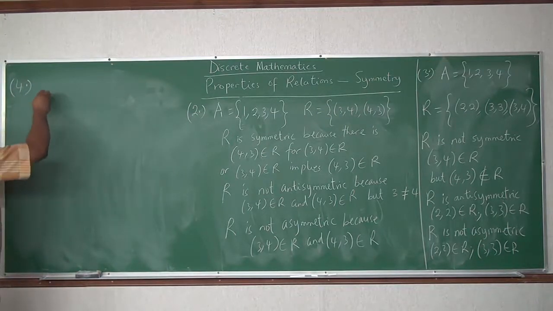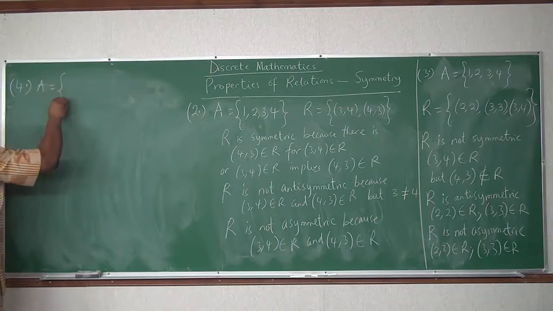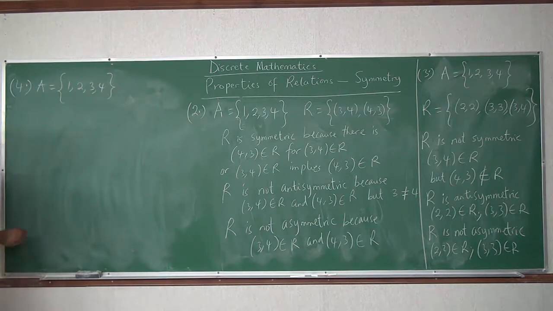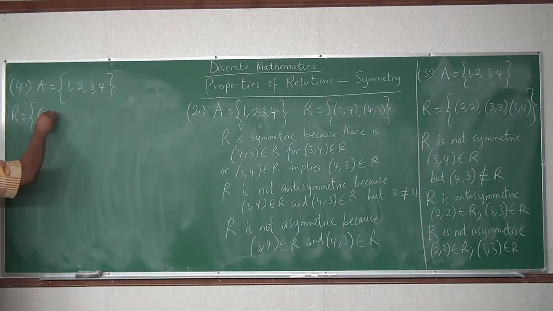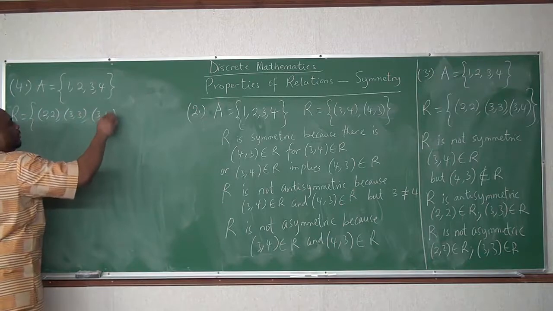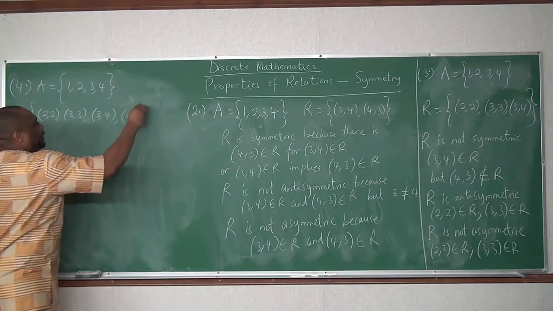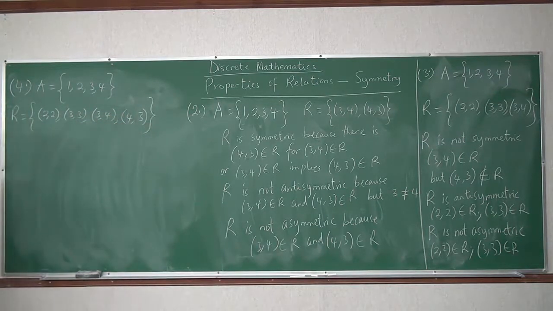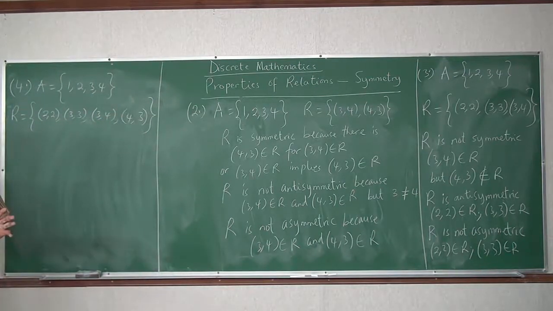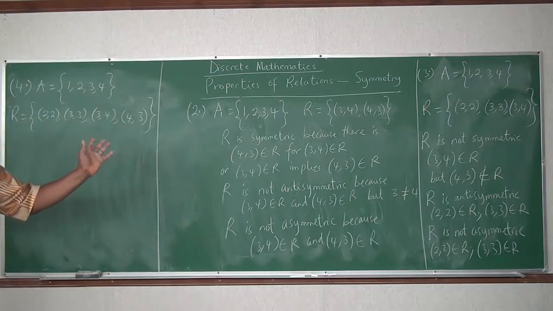Now let's look at if we have A to be 1, 2, 3, 4. Then we have the relation to be 2, 2, 3, 3, 3, 4, and then 4, 3. If we have it like this, symmetric.